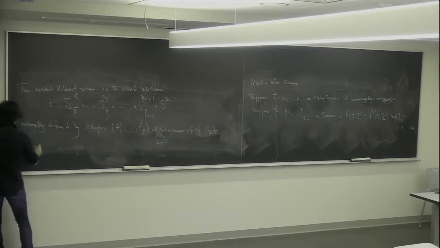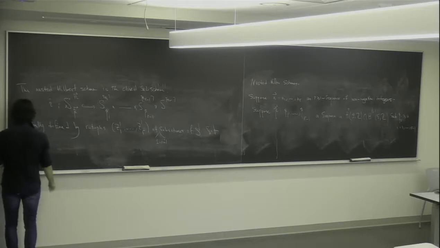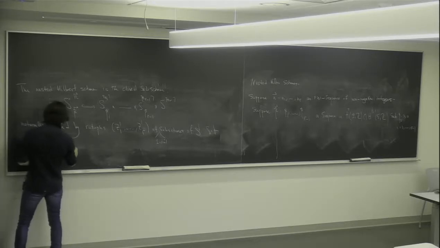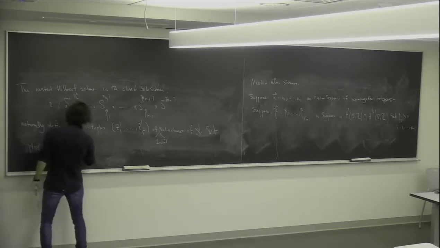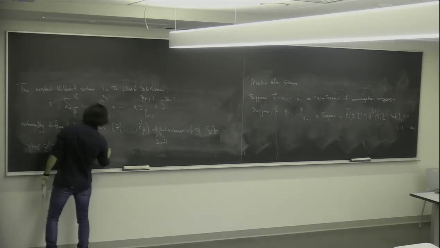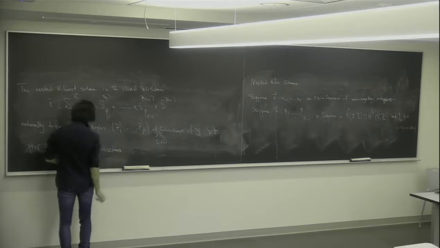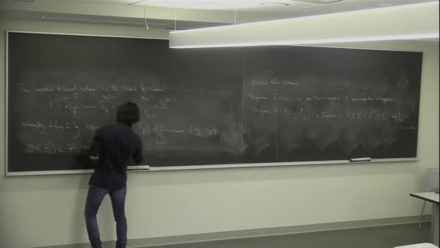When I apply the points map to Z prime i, it sits inside Z prime i minus 1 as a subscheme, for any i between 1 and r.